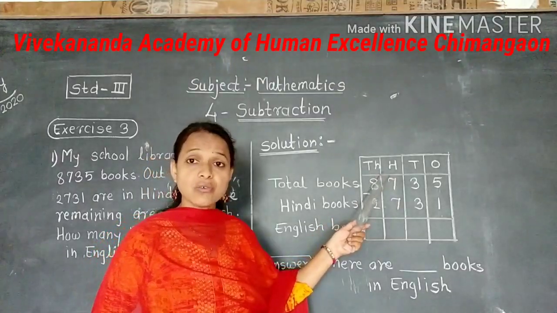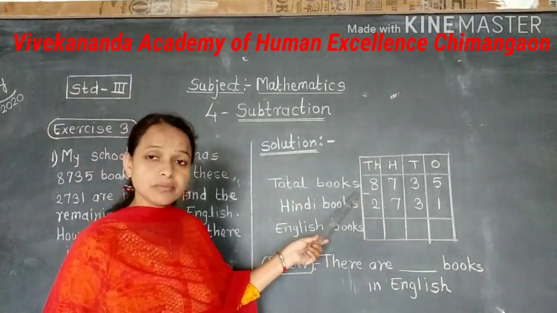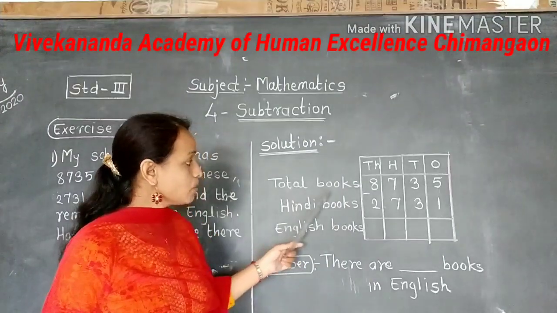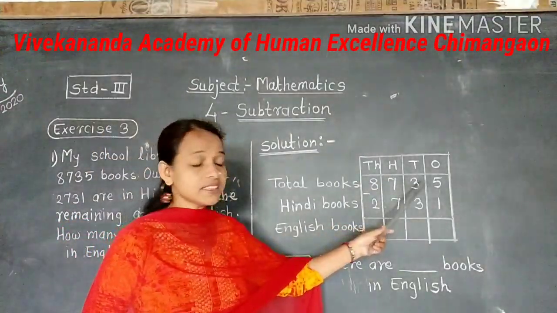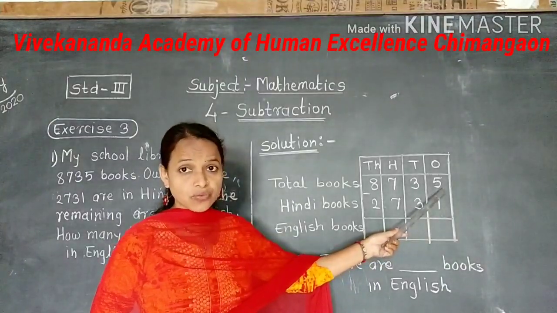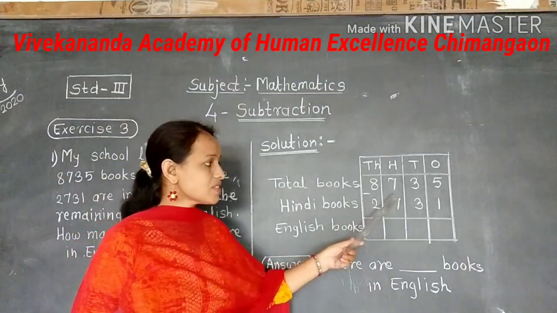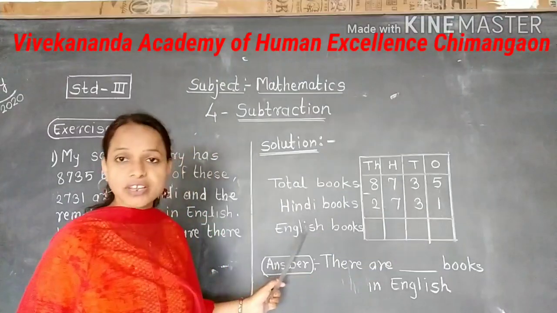Next, you have to write the place values on the left side. Okay. So total books. How many total books are given here? 8,735. Out of this, how many Hindi books are there? Hindi books, 2,731. And what you have to find? Number of English books.